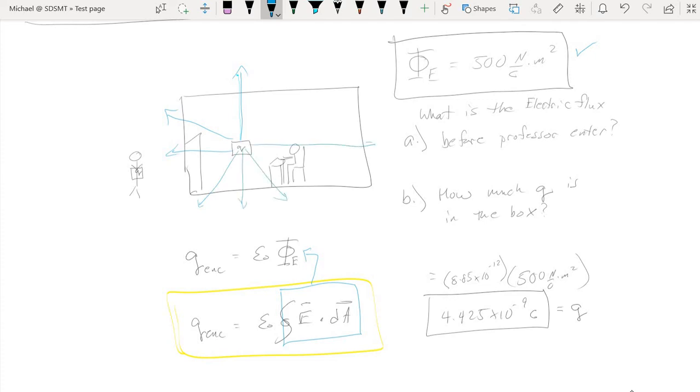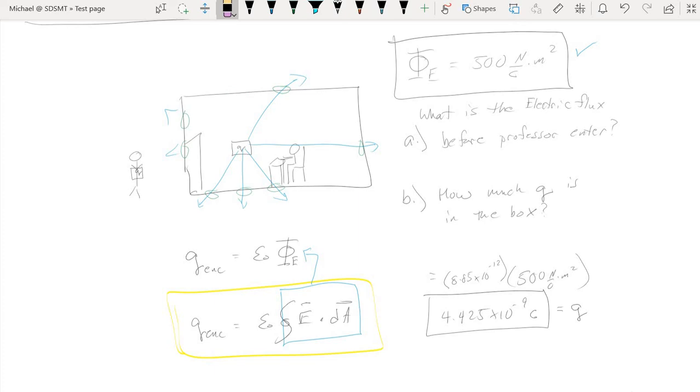All they can do is exit. So every time we get an interaction with the field and the surface area of our container, aka the room, we only ever see the field lines pass out. We never see any of the field lines actually enter the room. And so that's the reason for the two answers.